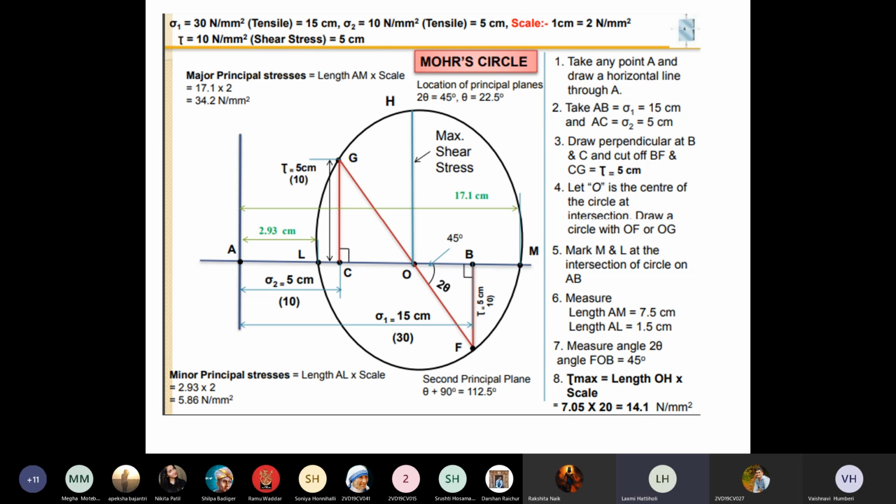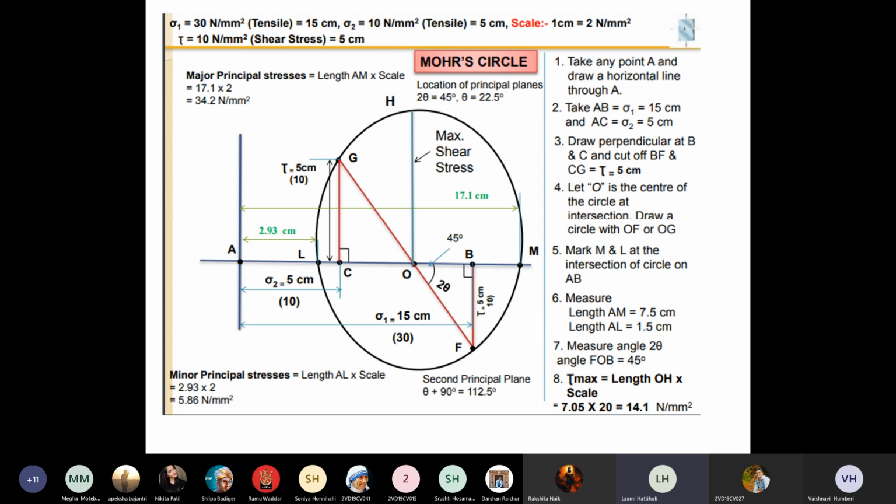See, what you should do in that case, as I have already told you, is take tensile stress as positive and compressive stress as negative. Suppose your origin is here. O is the center point, A is the origin point. From the origin, the right side are all positive values and the left side are all negative values.